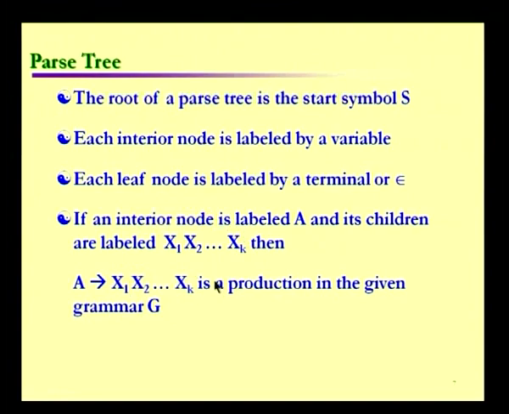You take an intermediate node, and especially with top-down parsers, an intermediate node, if it is labeled with a variable, must be expanded with the corresponding child nodes. What will be the labels on the child nodes? You just take the right hand side of the variable labeled on the internal node, or non-terminal node, and every symbol in the right hand side of that particular production will be given as a label for its children from left to right.